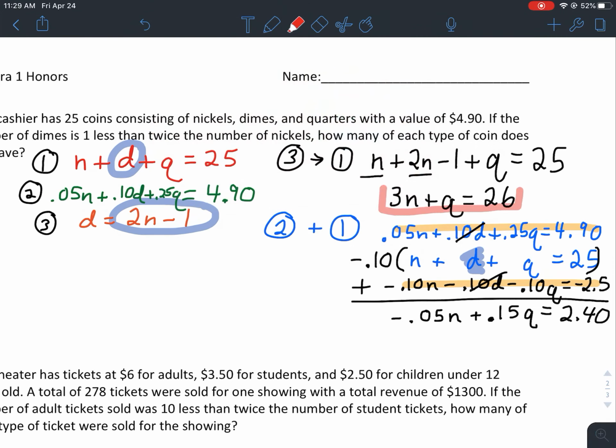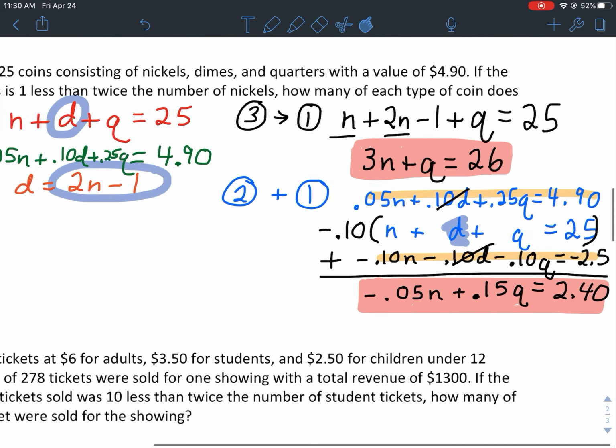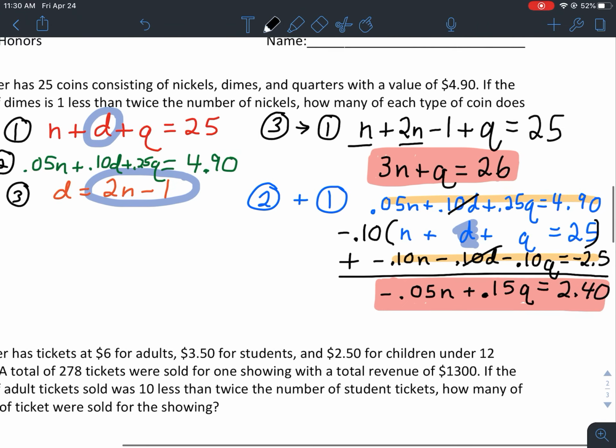Okay, so now I'm going to highlight in red the two equations that I have with two variables: 3n plus q equals 26, and negative 0.05n plus 0.15q equals 240. So you can do whatever method you want to use here. You could do elimination. You could do substitution.